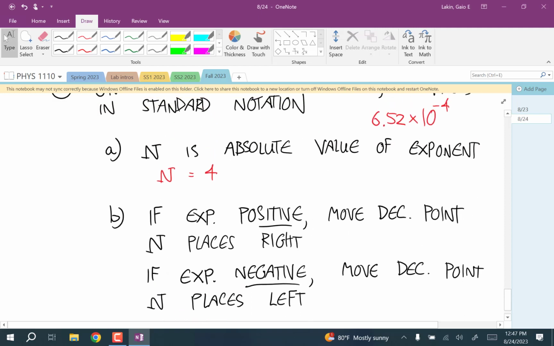Like in this case, you know you're going to move it 4 places, one way or the other. This is a negative exponent, so you know you're going to have something smaller than 1. And that tells you that those zeros are going to go to the left of the number instead of to the right of the number. Anybody have any questions about that?